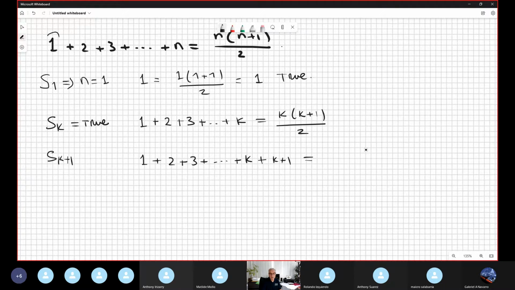And you replace in the right-hand side k plus 1. So k plus 1 times k plus 2, no? Because actually it's k plus 1 plus 1. So you replace k with k plus 1, and with the extra 1, 1 plus 1 is 2, divided by 2. Makes sense, right?